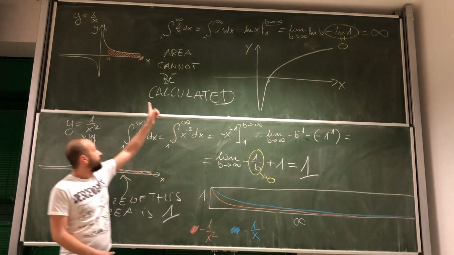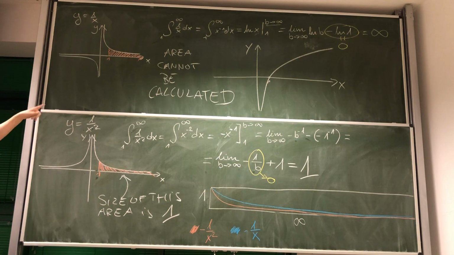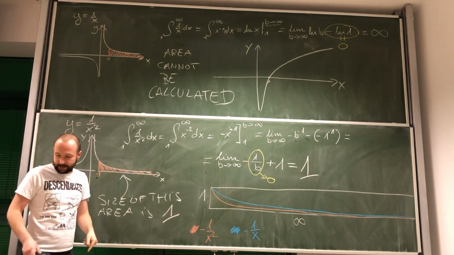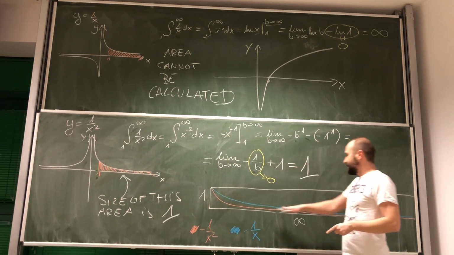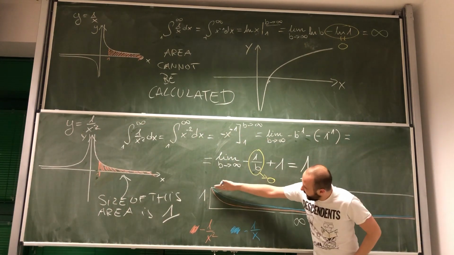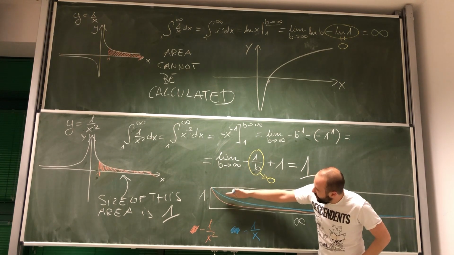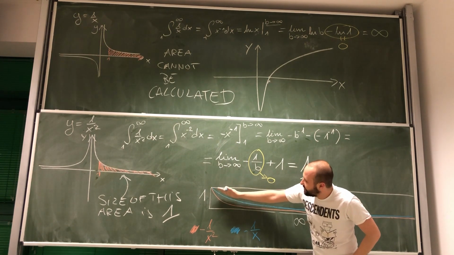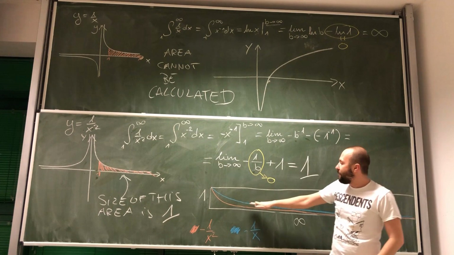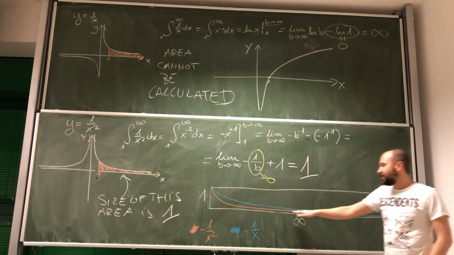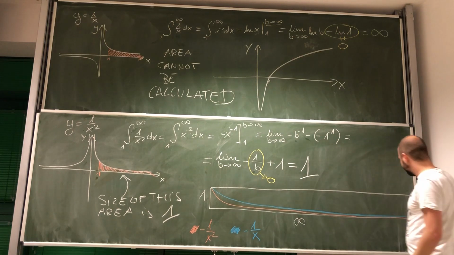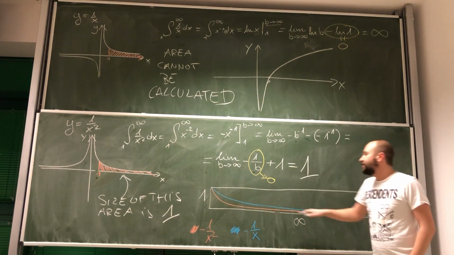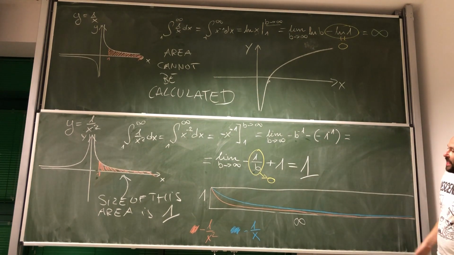And look, the answers we already have on the blackboard. In case of 1 over x, you can imagine it like this. The fall in the values, in the height, is too slow to compensate for the increase in the length, right?